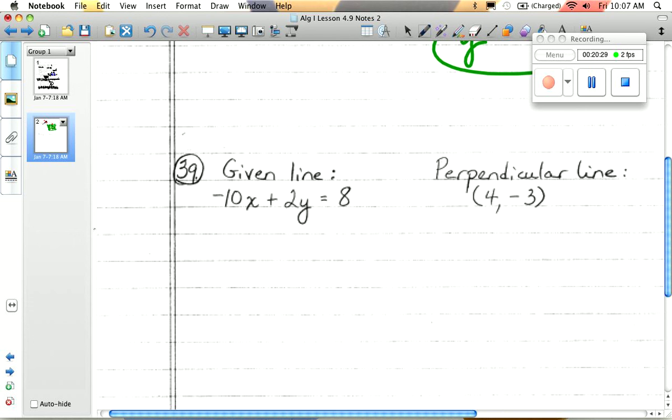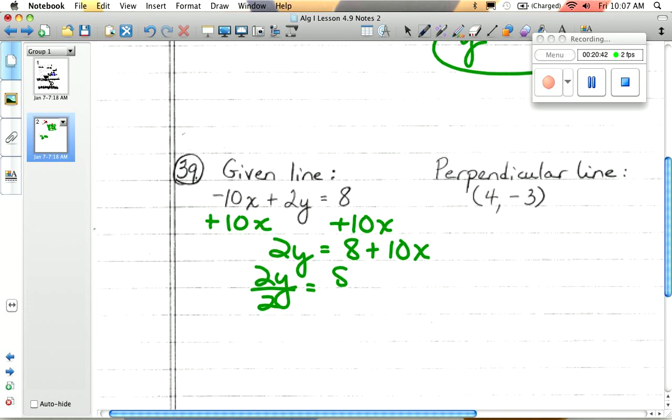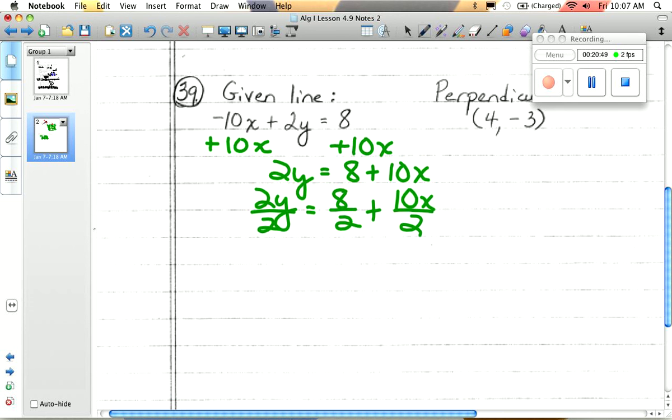So what should we do? Are you just going to do it without me? You can. When you're done, see if you agree with me, and then we'll decide what the slope of this line is.